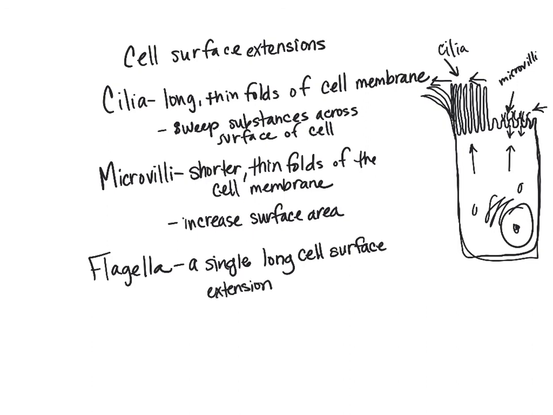And this is used only for swimming, and it's only found in human sperm cells, in the human. There are lots of bacteria that have flagella, archaea that have flagella, and other organisms, protozoa, that have flagella. But when we're talking about our human body and we're studying our human body, we're only talking about swimming, and we're talking about the sperm cell.